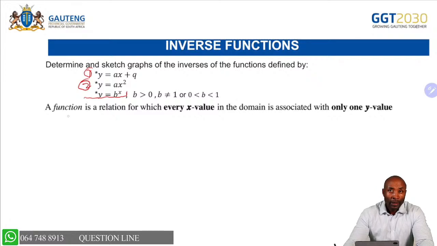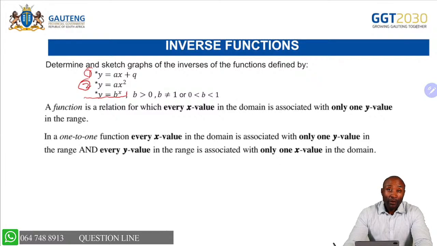Now, we defined a function last week where we said it is a relation in which every x value in the domain is associated with only one y value in our range.